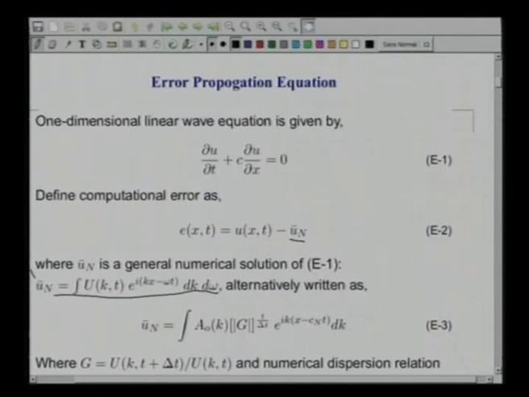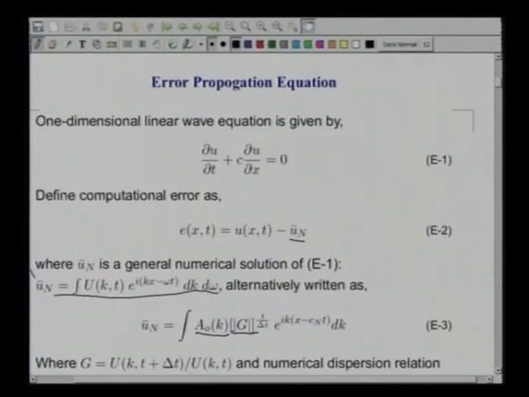So, the first part of the solution is the initial spectrum that is given by the initial condition of the solution. That should be advanced in time, given by the second factor, which is nothing but mod of g raised to the power t by delta t. T by delta t actually gives you the number of time steps that we have essentially taken, right.